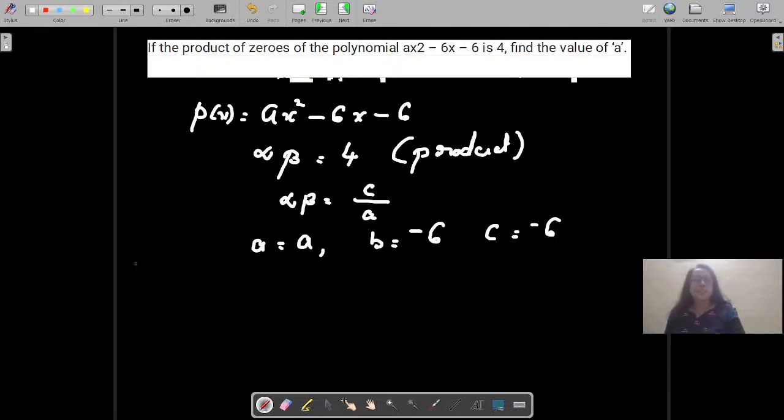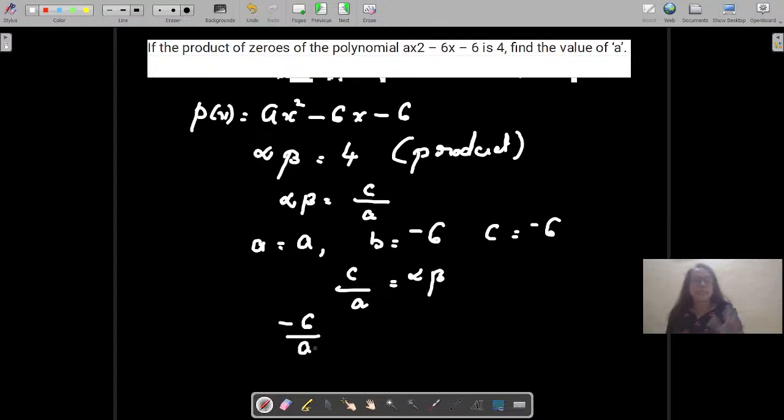Now, just substitute this. Alpha beta is equal to c by a. Right? So, what is c? C by a is equal to alpha into beta. What is c here? Minus 6 upon a.